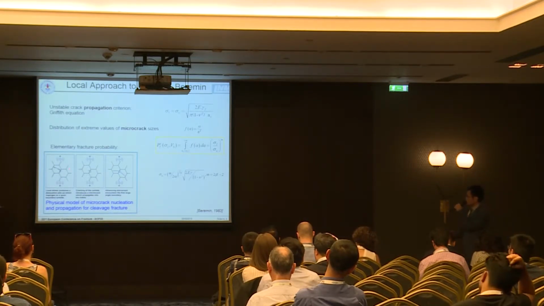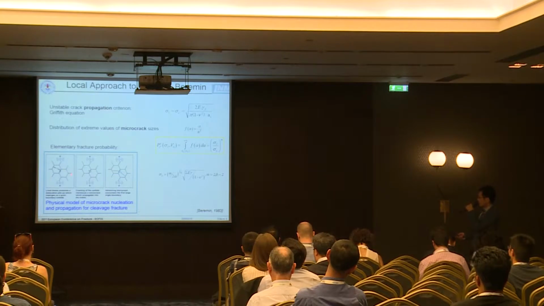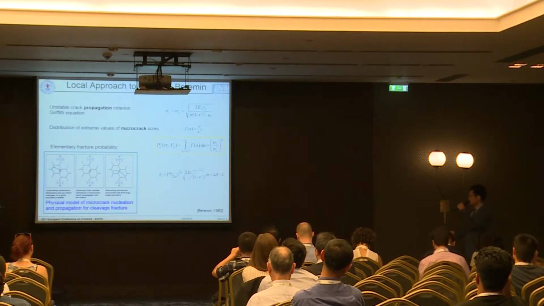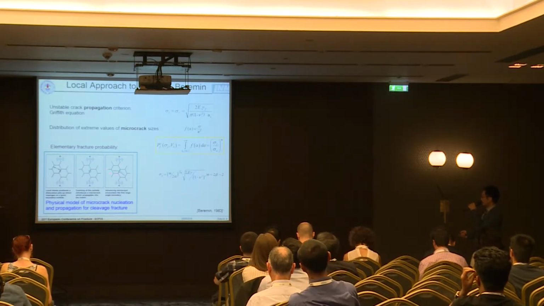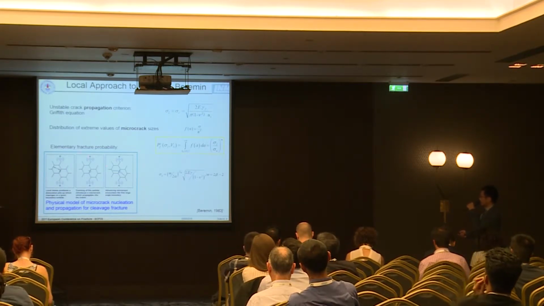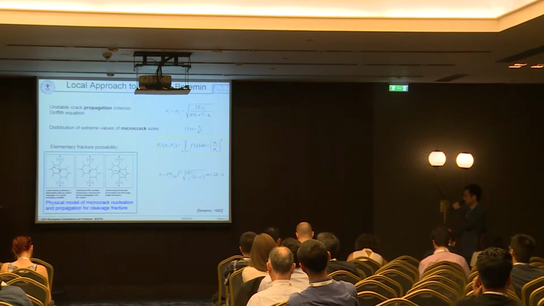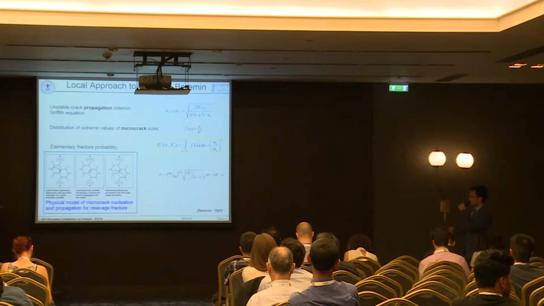According to the Beremin model, brittle fracture starts from crack initiation at inhomogeneities, such as cracks and grain boundaries, and then the crack propagates until it leads to final failure. According to the previous equation, the critical stress is correlated with the critical crack depth, as shown in this equation.